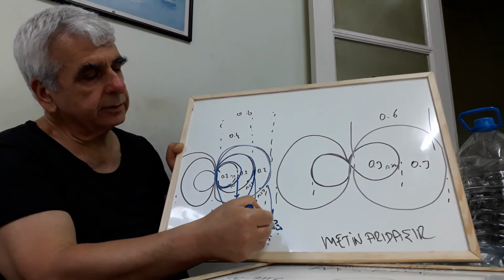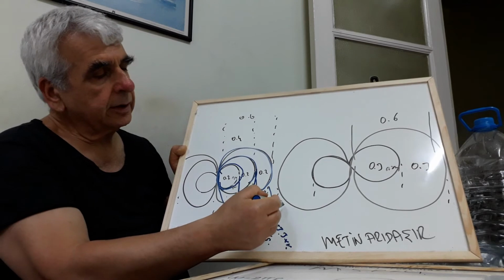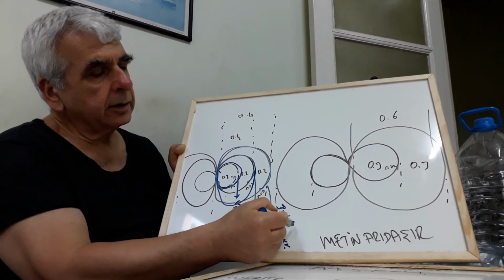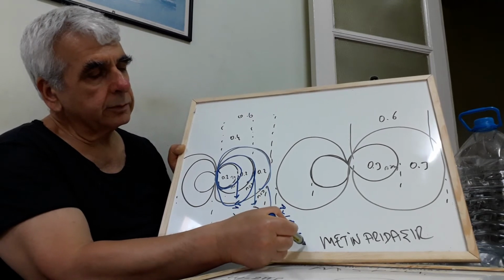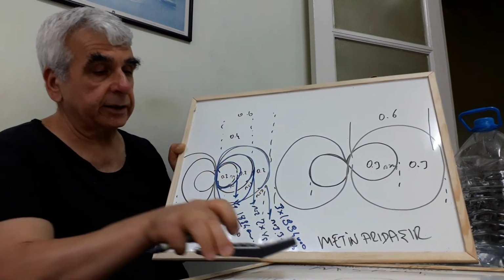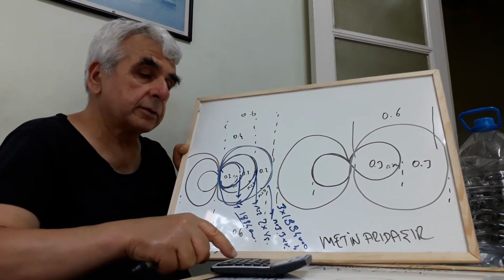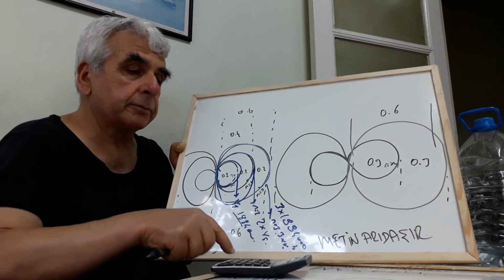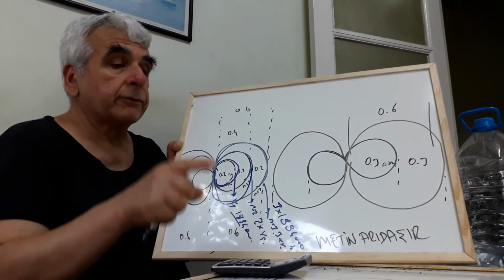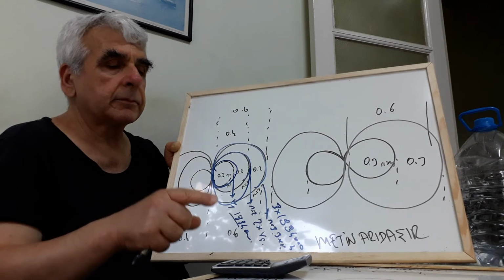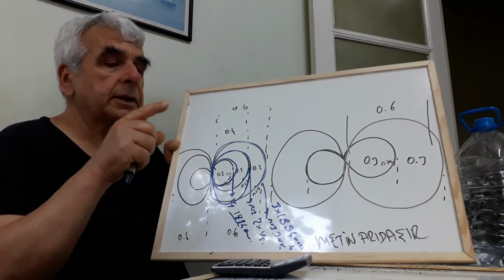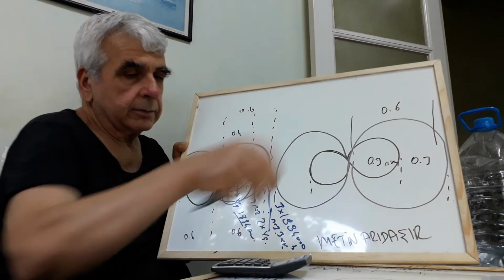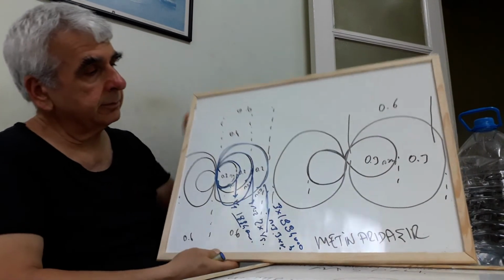N equal 3 Vg. 3 multiplied by 1,884,000 kilometer per second, 5,652,000 kilometer per second here. And goes on.